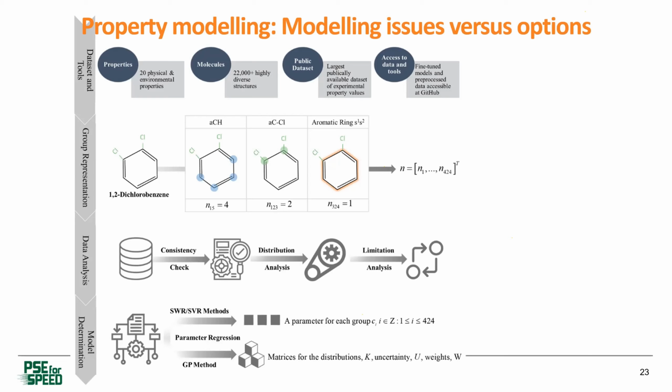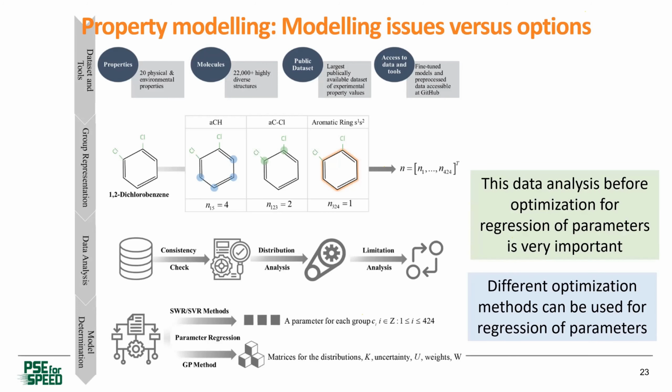So that's the difference between machine learning and the conventional parameter regression, because in conventional we fix the equation and we only estimate the parameters. In machine learning, we let the machine identify what kind of equation would be needed for the contributions of the same number of groups. So data analysis before optimization for regression of parameters is important. And as you can see, we can do different kinds of optimization.